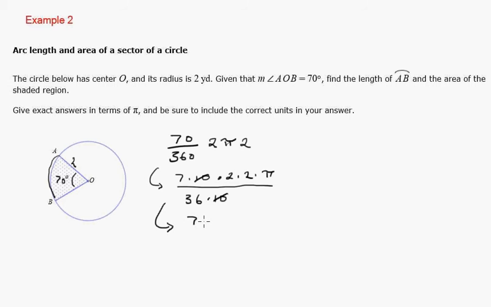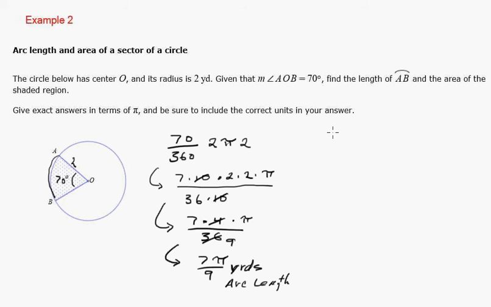I'll write it one more time: 4 times pi over 36. But 4 goes into 36 9 times. So we get 7 pi over 9 yards for arc length, and that would be from A to B.